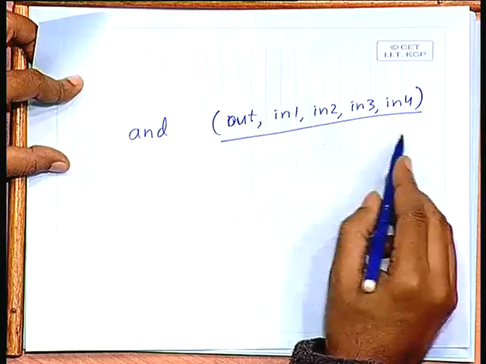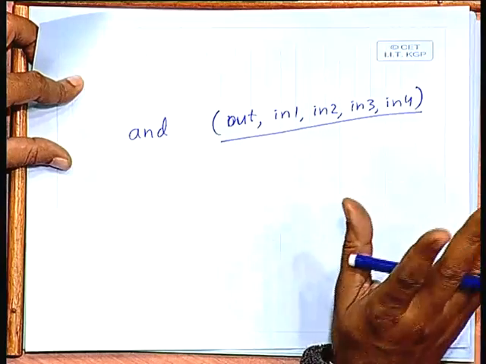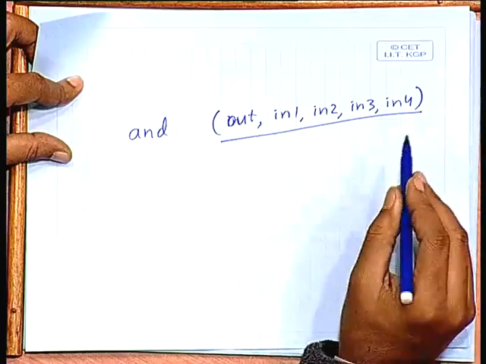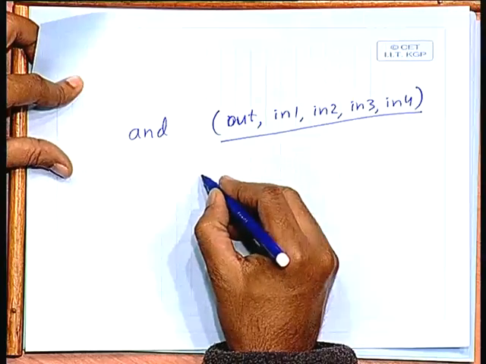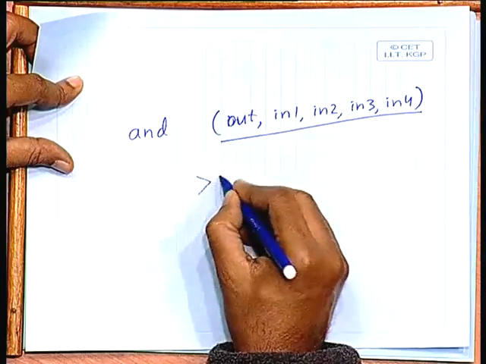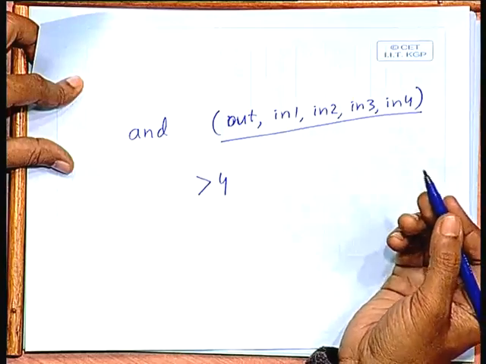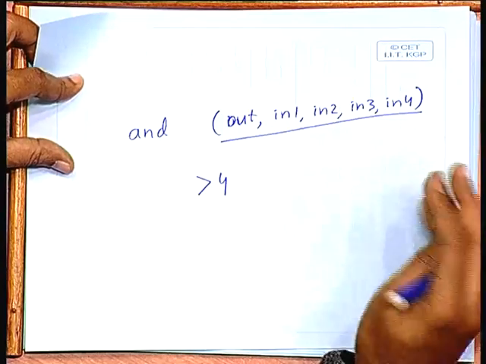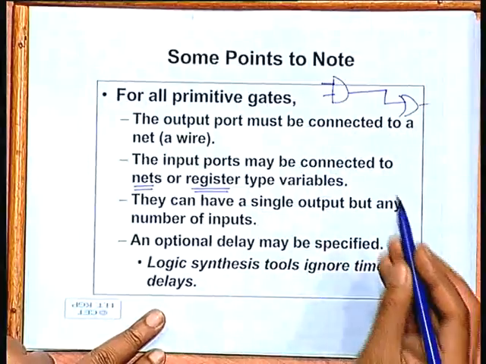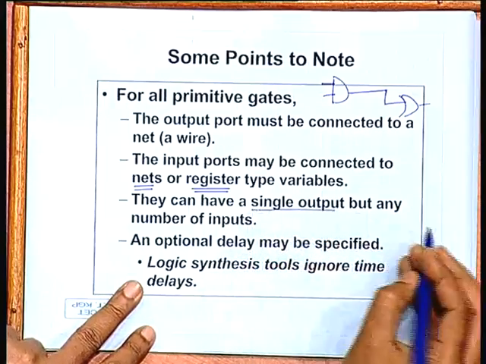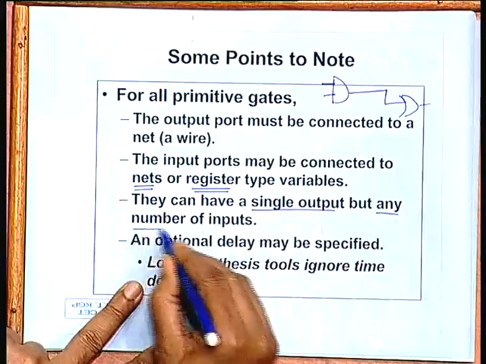Verilog does not put any restriction on that, but to be realistic, you should limit the number of inputs to a gate. Typically, we do not use gate fan in greater than 4, because if you use gate fan in more than 4, the delay of the gate goes on increasing. So, that leads to a problem. So, the primitive gates, as you use them in your design, will obviously have a single output, but they can have any number of inputs.